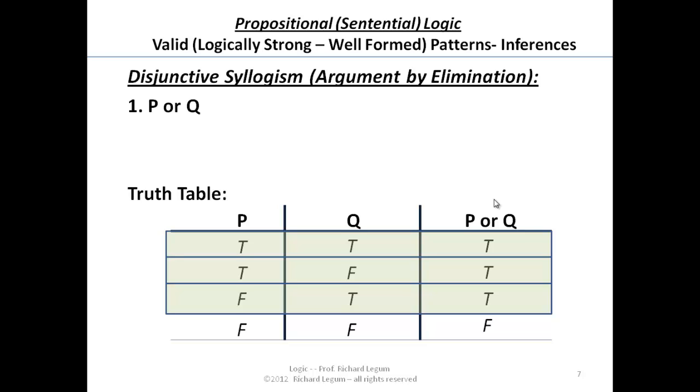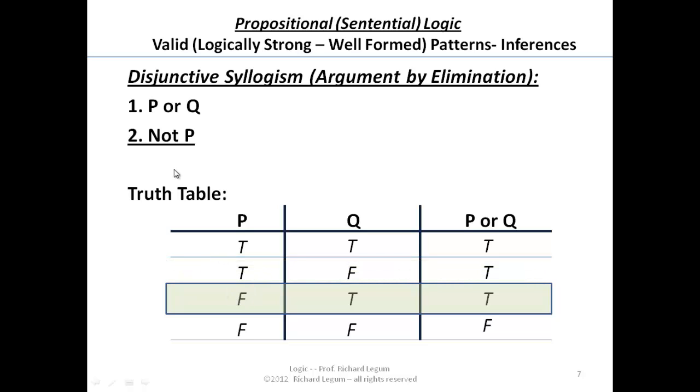And if we say P or Q is true, that's the premise, so it's got to be one of these three cases we're talking about. Not P is true. In other words, P is false. Well, in the first row P is true, so that's not the case. It's not the second row.